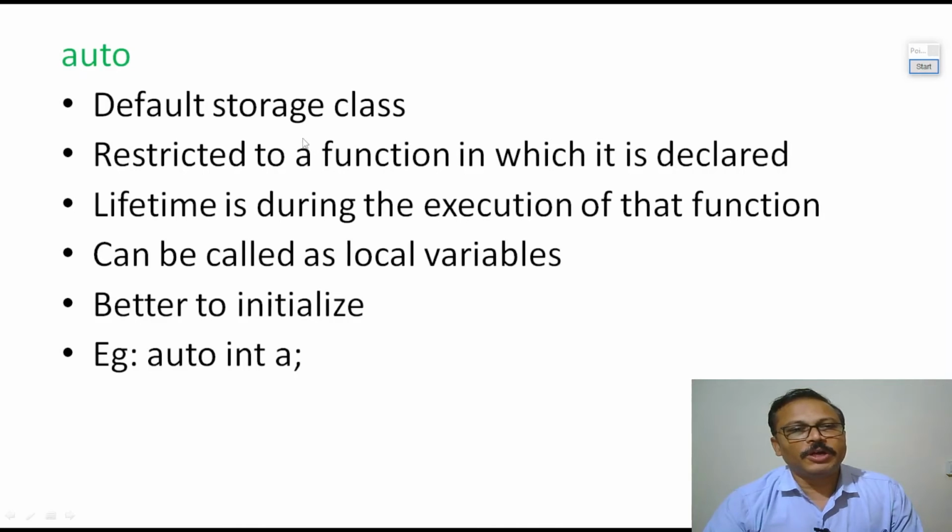So it is the default storage class. That means whether you use auto or not, it will be treated as auto only. If an auto variable is declared within a block, it is restricted to that block. If it is declared in a function at the beginning of the function, then the scope of it is the entire function.